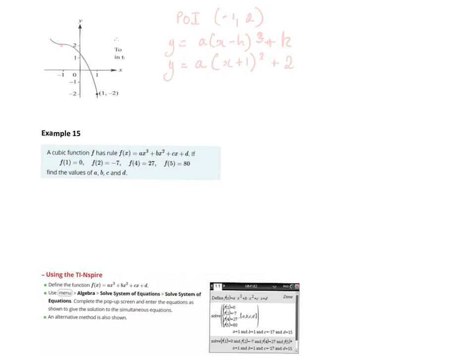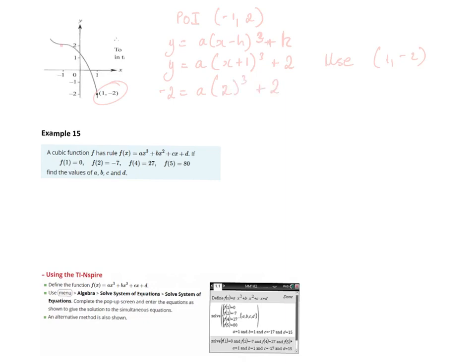Now, the only other bit of information I need to find there is my a value. So I'm going to use the other point that I know in that graph, which is 1, -2. So let's substitute that in, and I get -2 is equal to a outside of 1 plus 1, which is 2 cubed, plus 2.